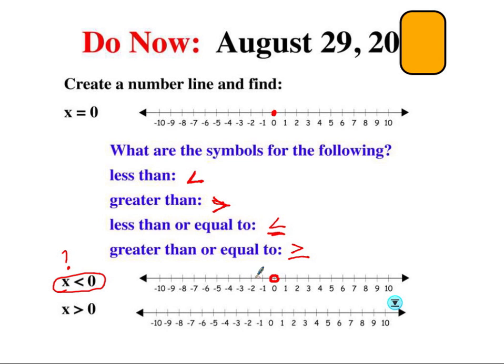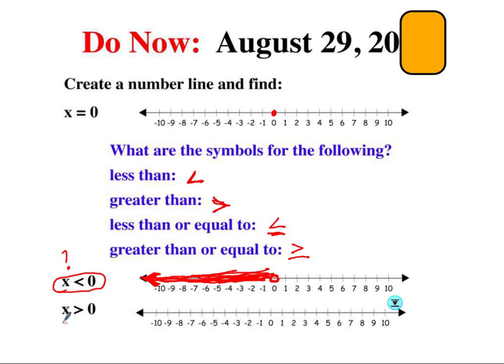Well, it's basically any negative number. So if you were to graph this, it's going to be all the negative numbers, and you realize that you can just keep on going and going, and in order to represent that, you just basically draw an arrow. So here is the shading for x is less than 0.